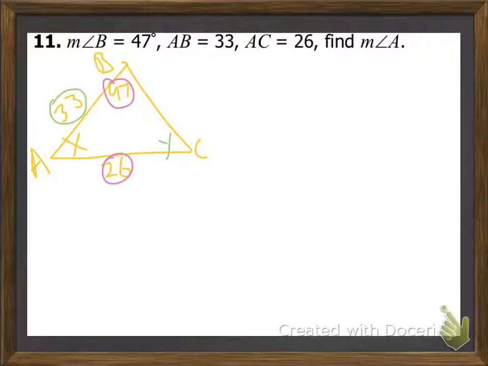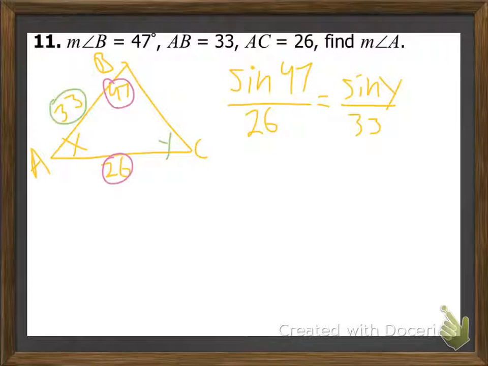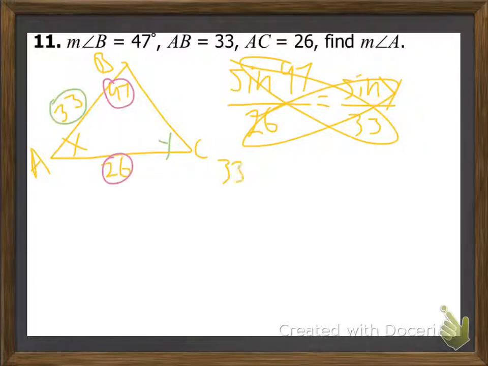We're going to have sine of 47 over 26, and then that is going to be equal to sine of y over 33. So now we cross multiply, and we're going to get 33 times the sine of 47, and then that is going to be equal to 26 times the sine of y.